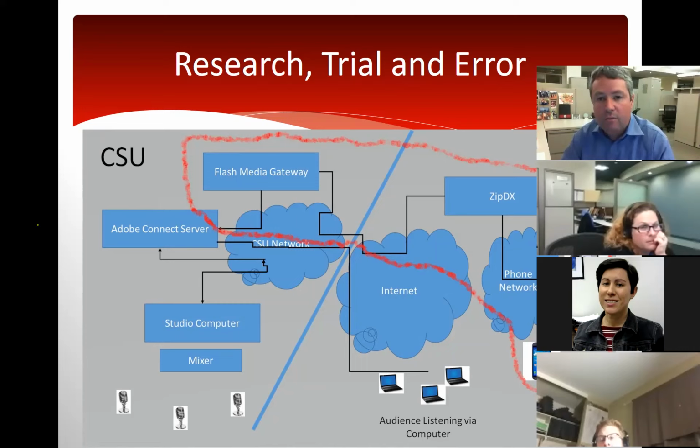So for accessibility reasons, if someone is deaf, for example, they can still follow the presentation, and we have a live closed captioner coming on each one of our presentations. So having all of that together really created a great solution.